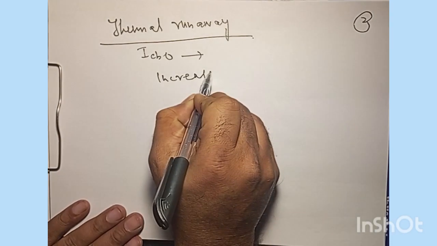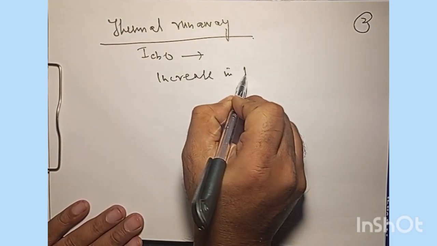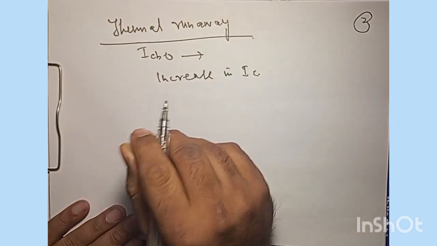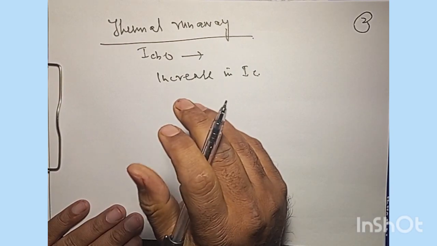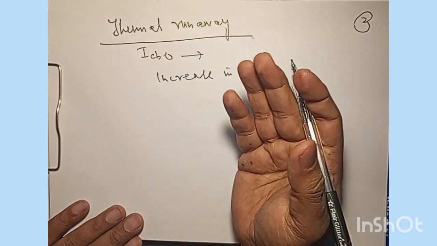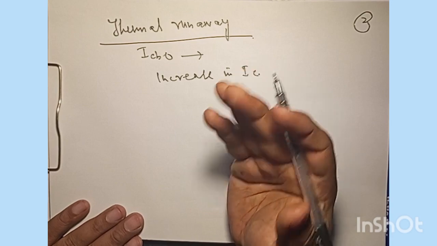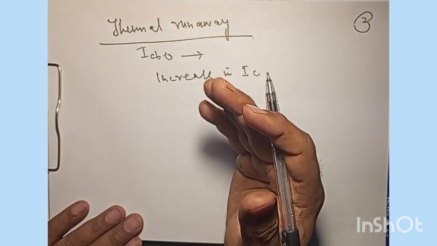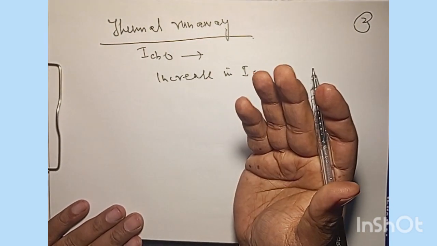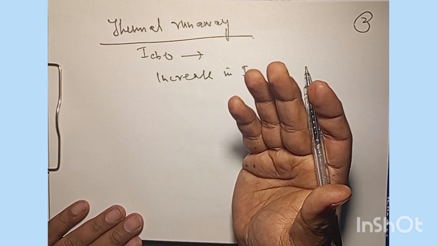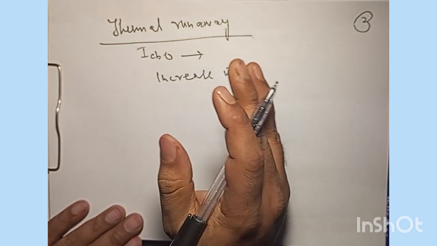The increase in IC will automatically raise the temperature of the transistor, which in turn will cause ICBO to increase. So this process is cumulative.